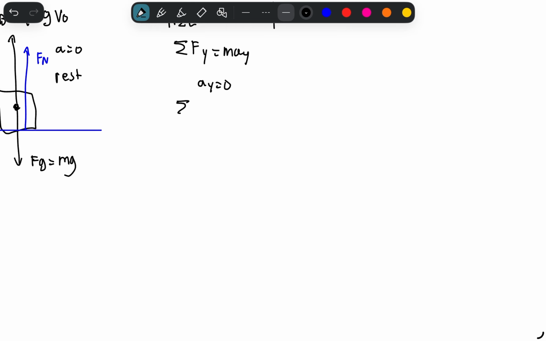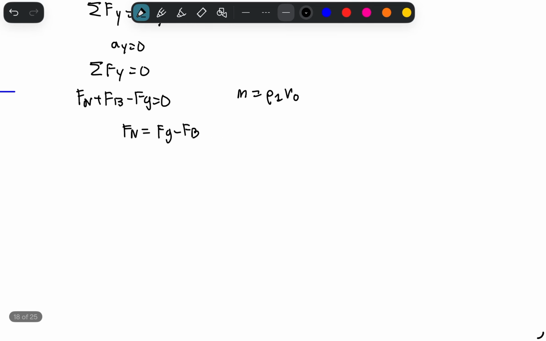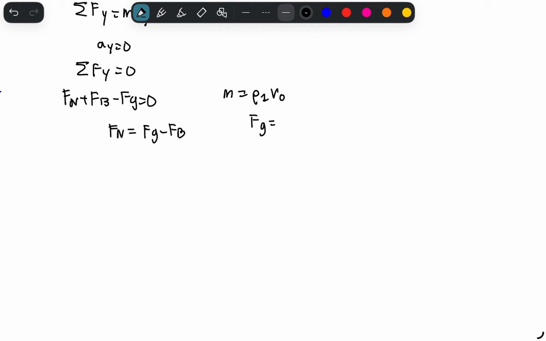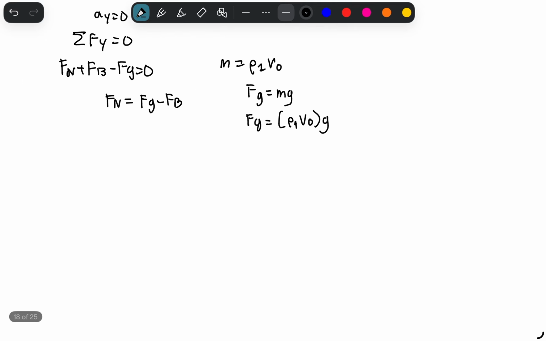So the sum of forces is equal to 0. Solve for the normal force. Mass is equal to density 1 times V, so that means that weight is mg, so Fg is going to be rho 1 V times g. Now, we know that we have to substitute in our buoyant force.